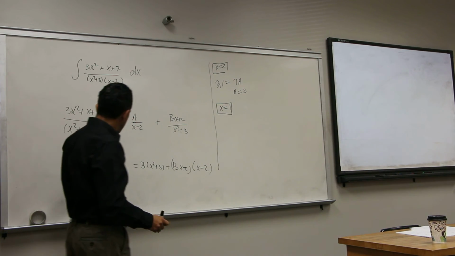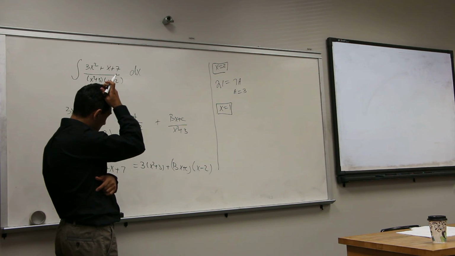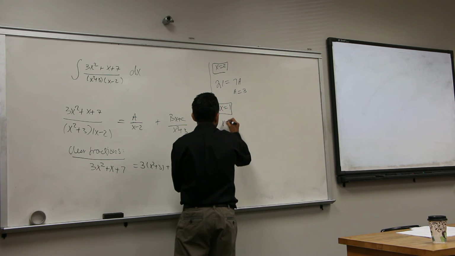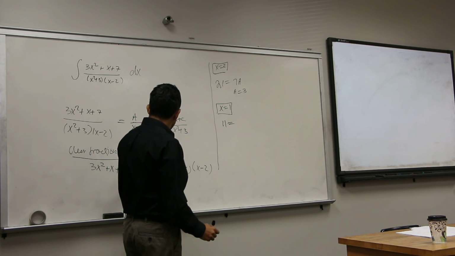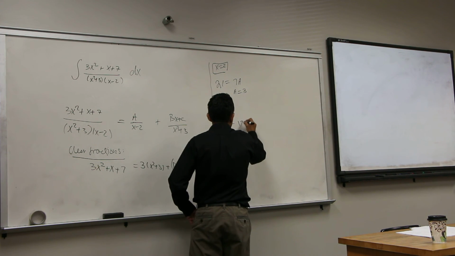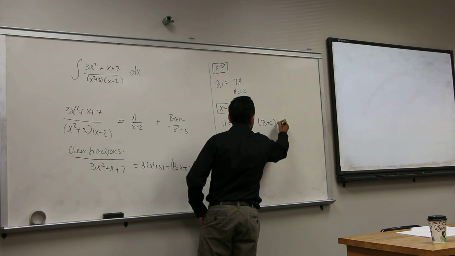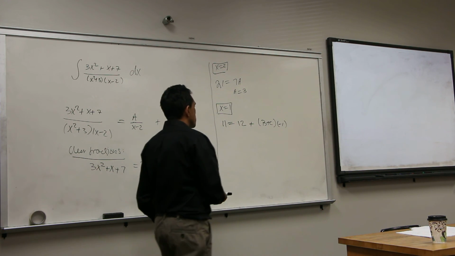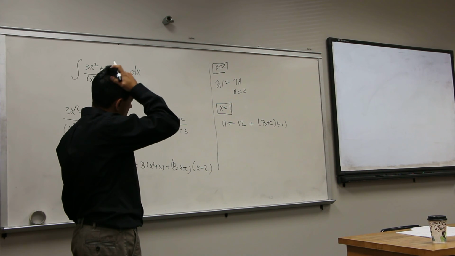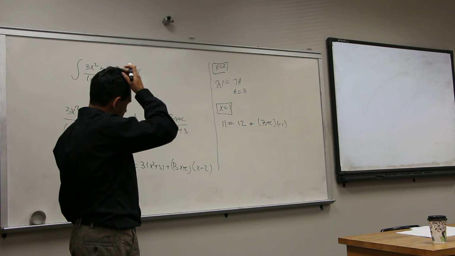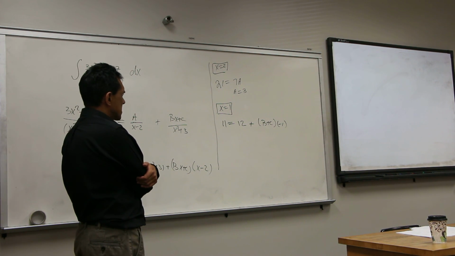When you put x equal to 1 here, you will get 11 on the left and 12 on the right. That is to say, negative b plus c is negative 1.